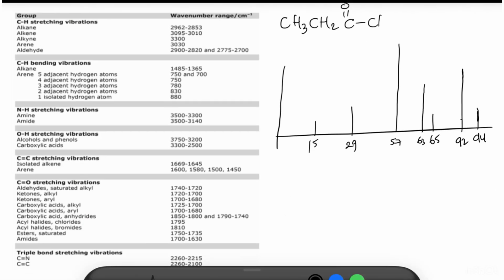Now we want to assign the fragments in this mass spectrum with respect to this compound. As we learned before, the first fragment we have is CH3, and it has a mass per charge ratio of 15. So we can say this one represents the CH3 plus. Just guys, do not forget the plus sign.